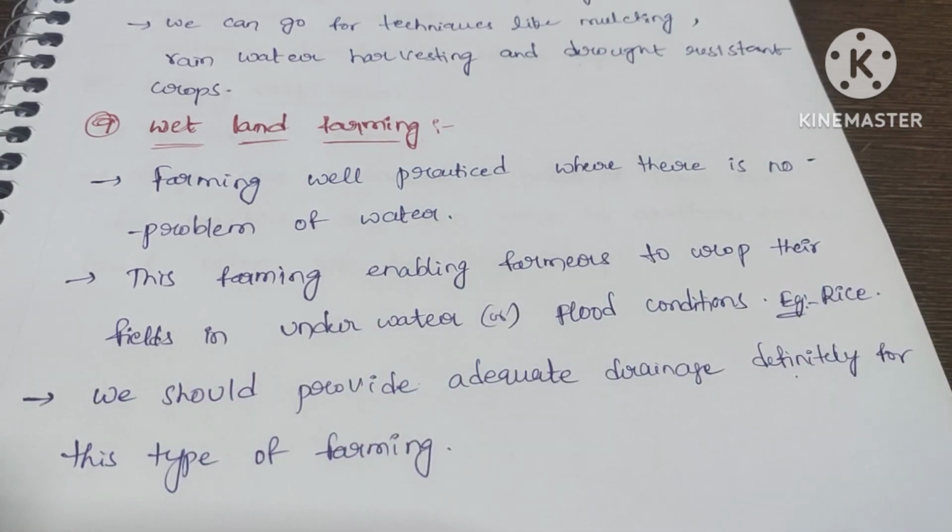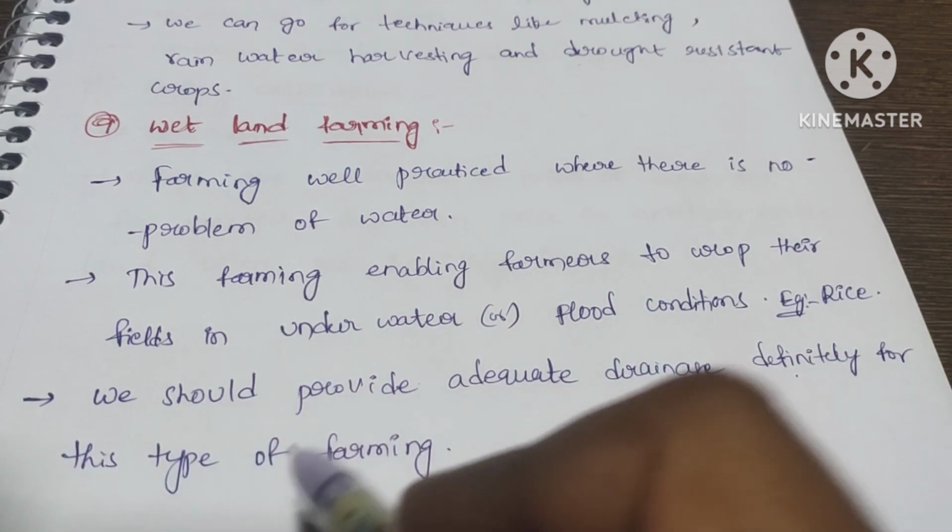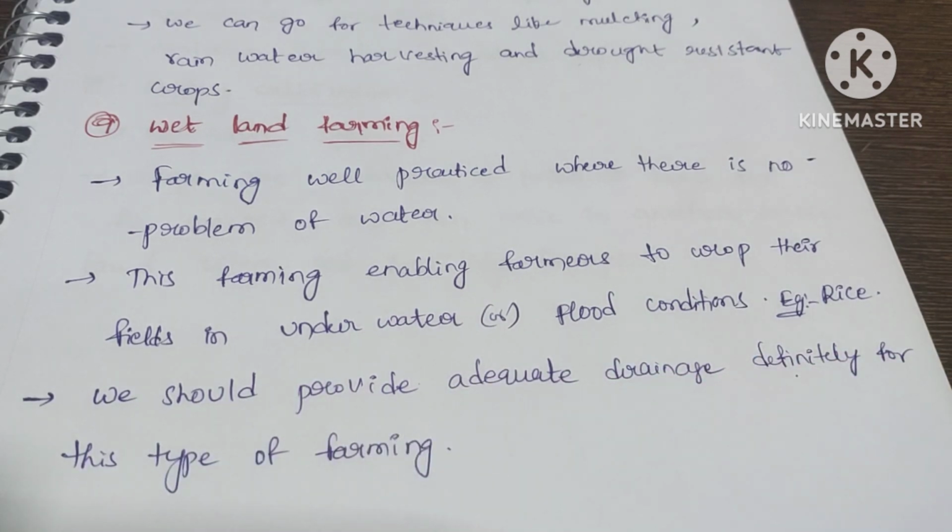For example, it's rice. Okay, we should provide adequate drainage definitely for this type of farming. What is the problem here? In flood conditions the drainage problem is more, isn't it? We have to provide adequate drainage definitely.